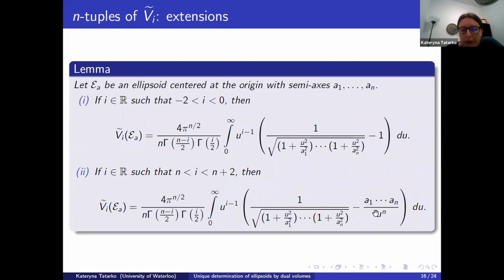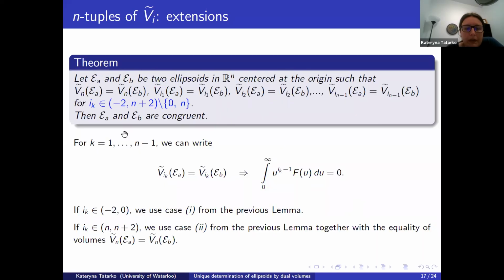And in order to get rid of this additional term, that's where we use the equality of volumes. Since volumes of two ellipsoids are the same, the terms here, the product of semi-axes, for both of the integrals will be the same. And the term will cancel out, and again, the relation can be written in the integral form. Okay, so this more or less completely finishes the case of the dual volumes.